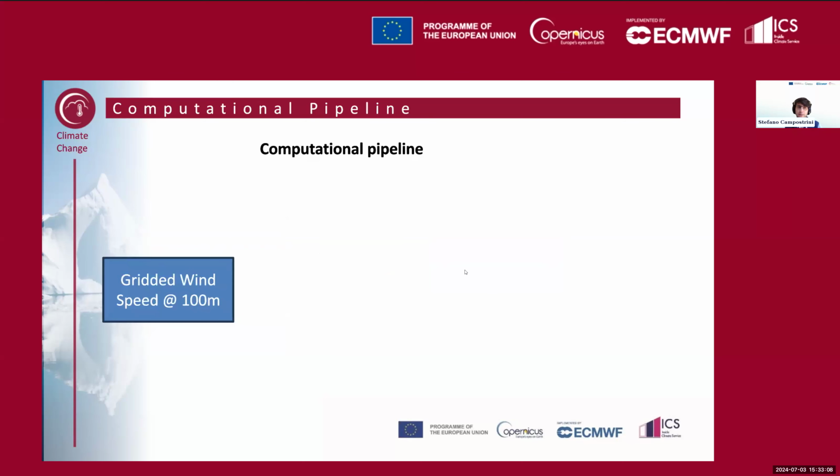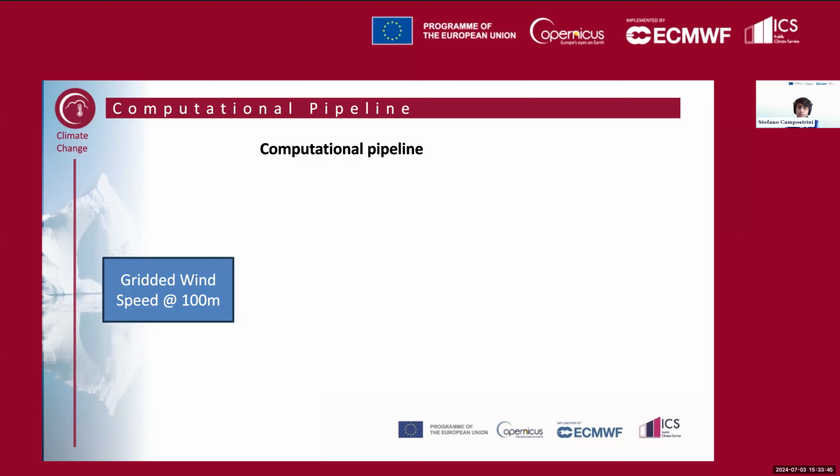So I failed to mention that, of course, we cannot compute energy indicators without having the underlying climate variable that drives the entire process, which is wind speed. So what we actually need at the very start is gridded wind speed, and that is provided in NetCDF format as a grid, with a different spatial resolution depending on the stream.